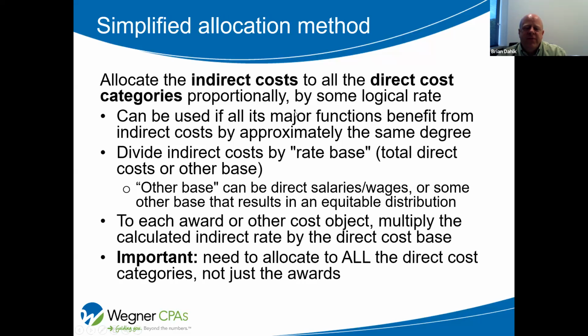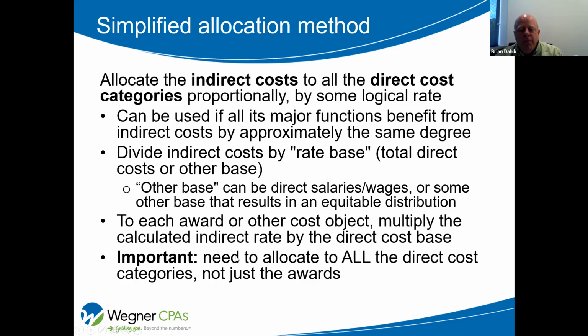The first method that the uniform guidance says is acceptable is to take those indirect costs, which were not assigned as a direct cost in the first place, and then just allocate them to the direct categories proportionally by some logical rate. This is a fine method if all the major functions benefit from the indirect costs by approximately the same degree.